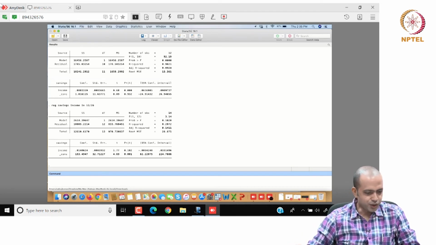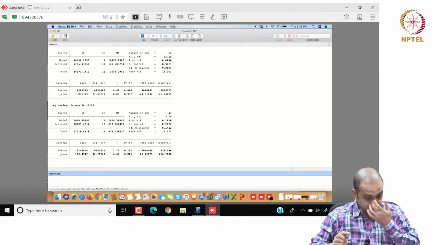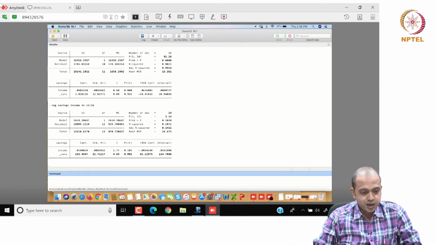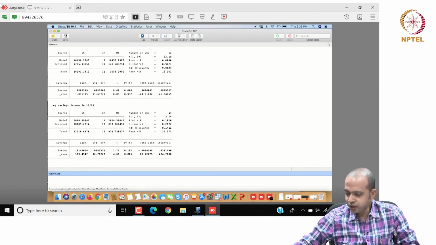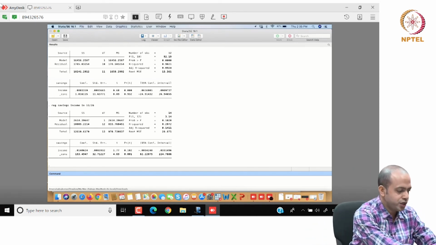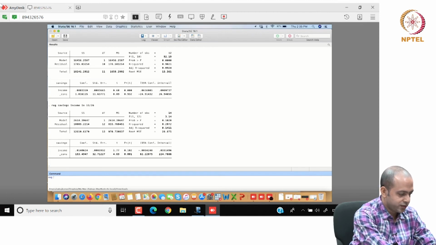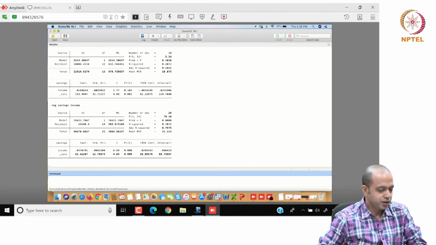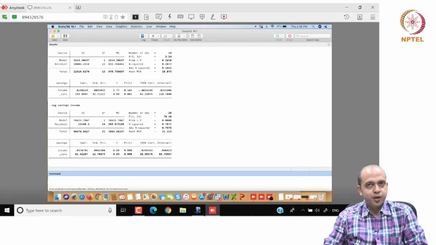Here you have to remember two things about the RSS. Now I will run another regression for the entire period, because that is the restricted model. Without putting anything else, reg savings income for the entire period, and then you will get the marginal propensity to save for the entire period as 0.03.